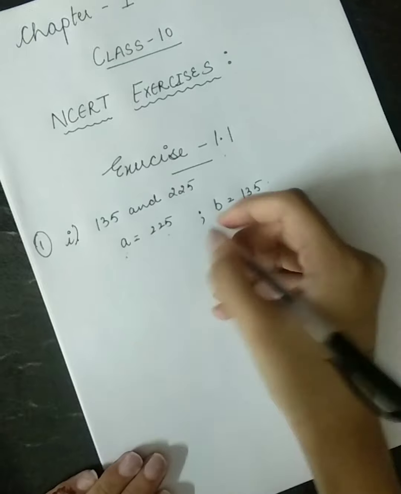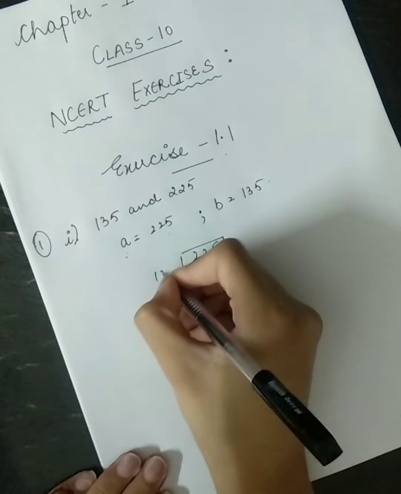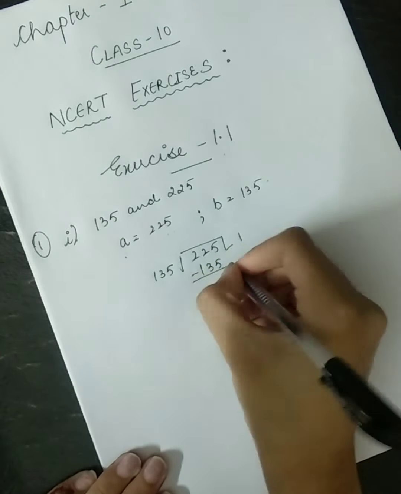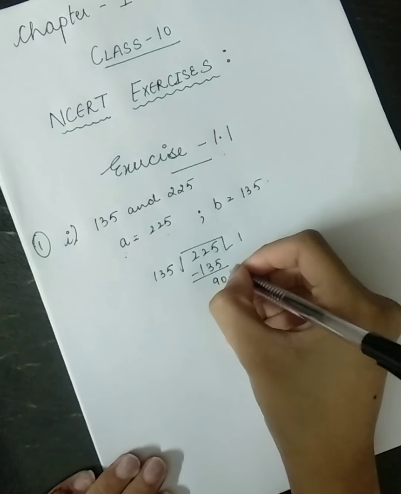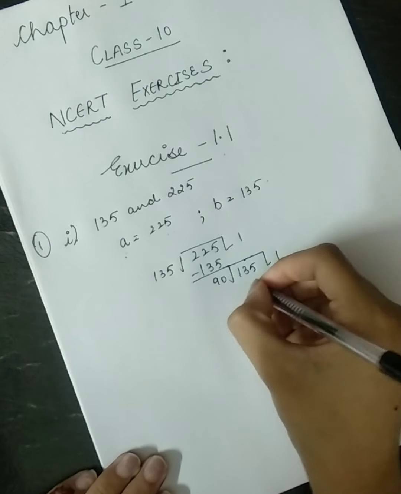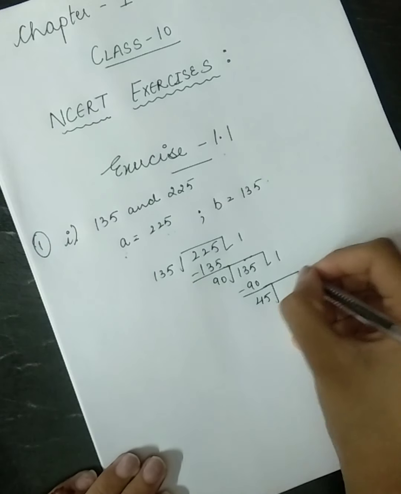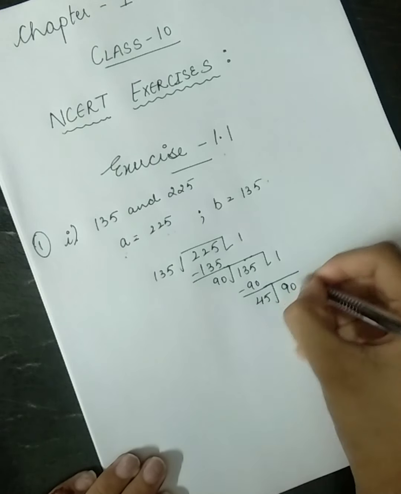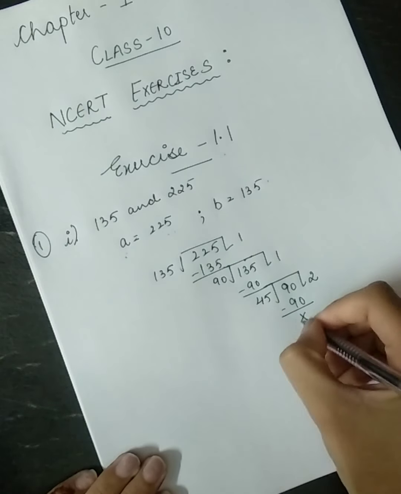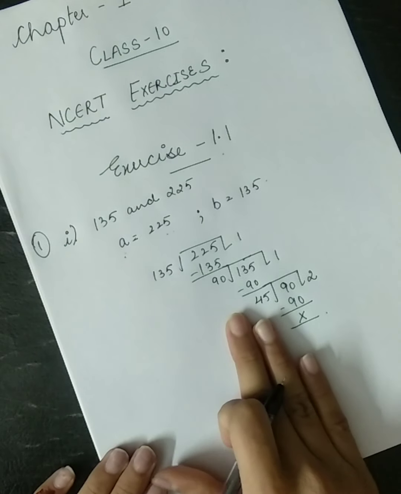So let's start. 225 divided by 135, we get 90 and 135, again we get 45, then we have 90, 45 multiplied by 2 is 90. Okay, first I have solved the HCF.